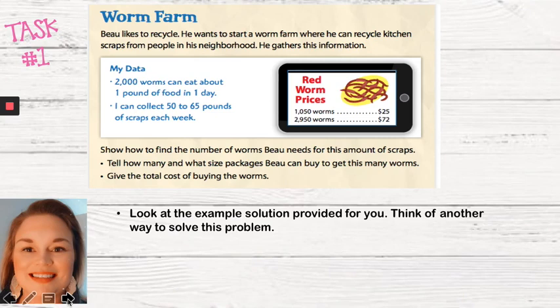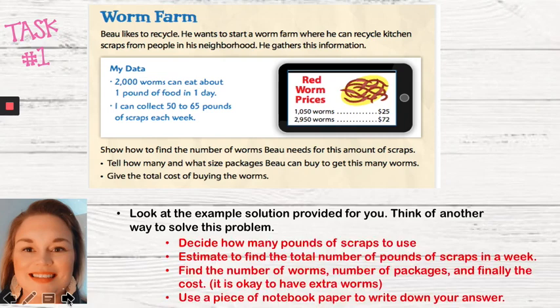So, look at the example solution provided for you. They show you how they thought through the problem to answer it and multiplied. Now it's time for you to think of another way to solve this problem. So, decide how many pounds of scraps you would use.